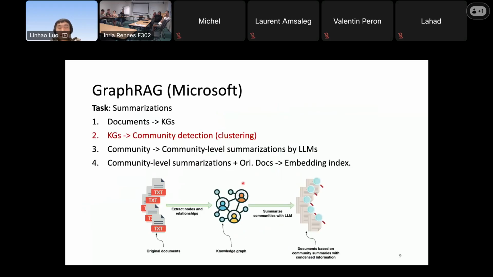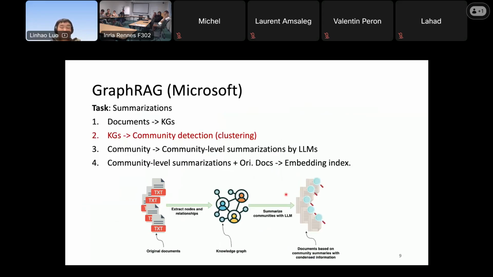There are some existing studies utilizing this same pipeline, for example, the GraphRAG presented by Microsoft, which focuses on a summarization task. Given a set of original documents, they first build a knowledge graph from these documents. Then based on the graph structure, they utilize community detection mechanisms to cluster the documents into several communities.